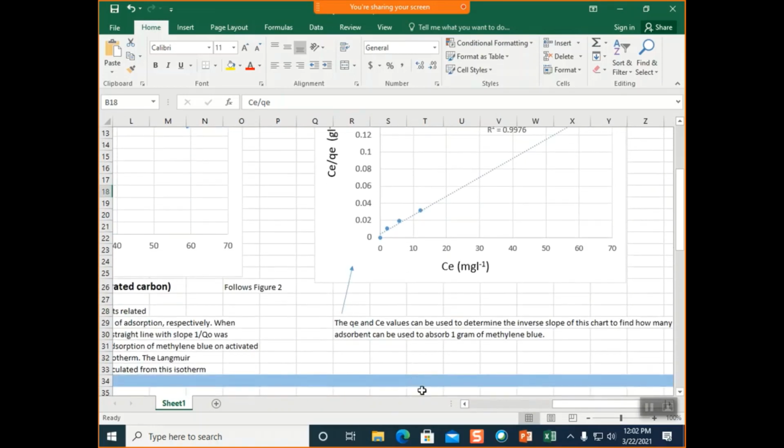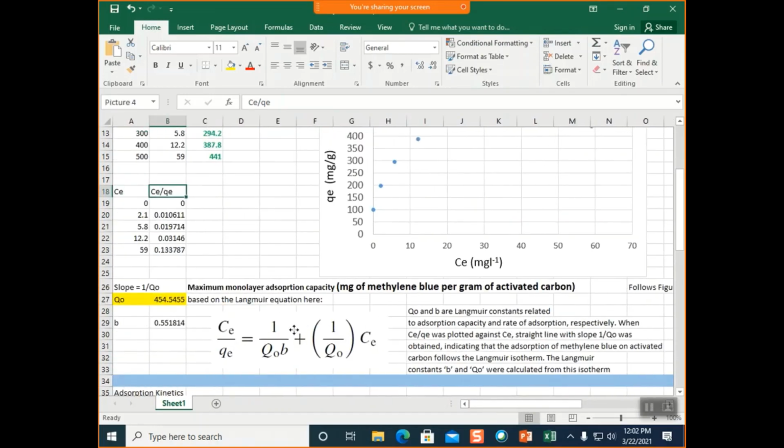The reason we're plotting that is that it comes from this equation here, the Langmuir equation. So we're basically taking this equation and trying to get a slope, an inverse slope. If you notice, this is like a y equals mx plus b kind of equation.